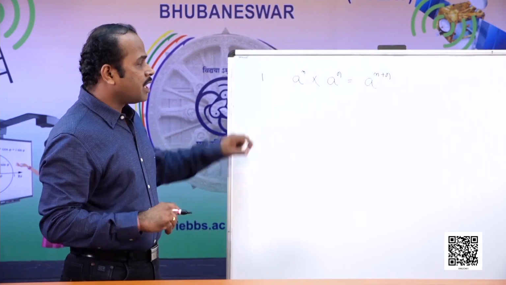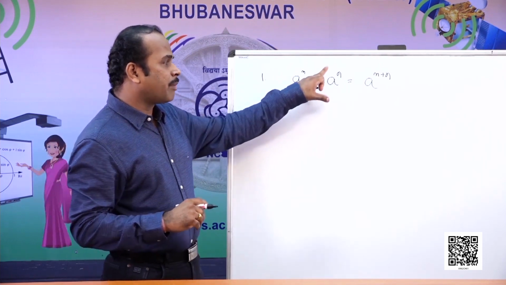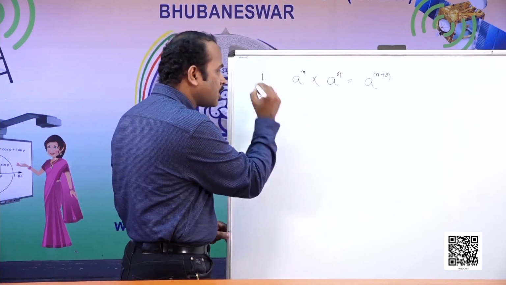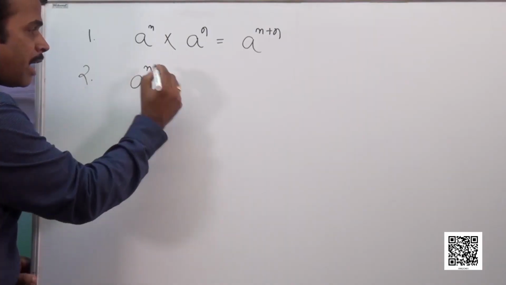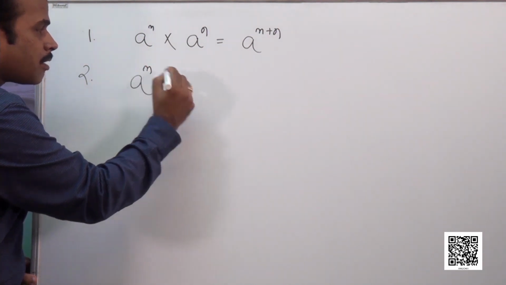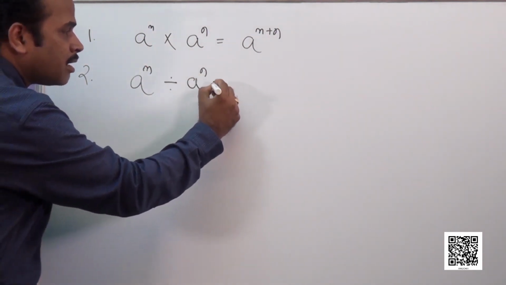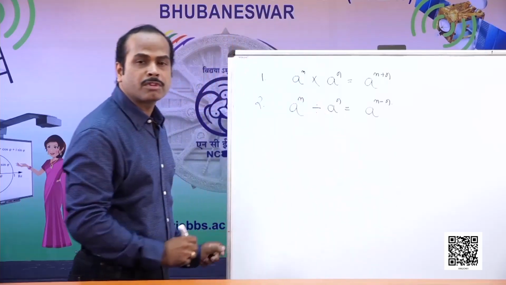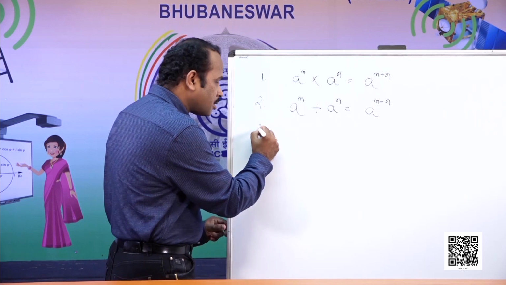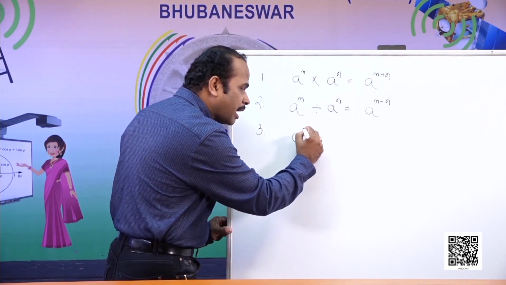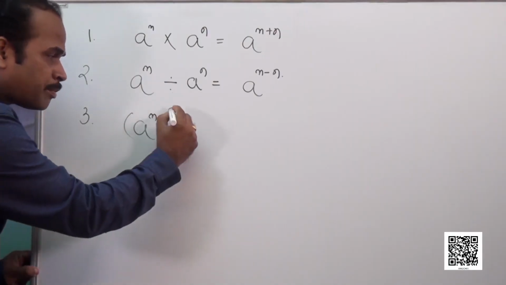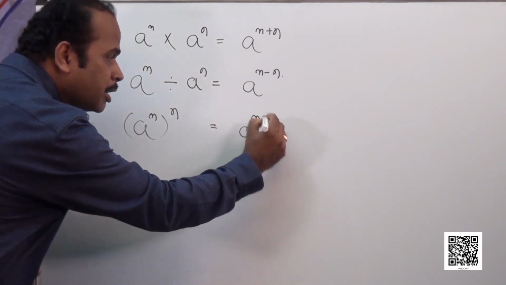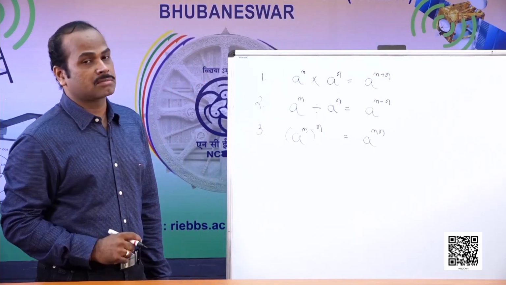Similarly, the next law: a to the power m divided by a to the power n is equal to a to the power m minus n. Next, a to the power m and whole raised to the power n is equal to a to the power m into n, or a to the power mn.